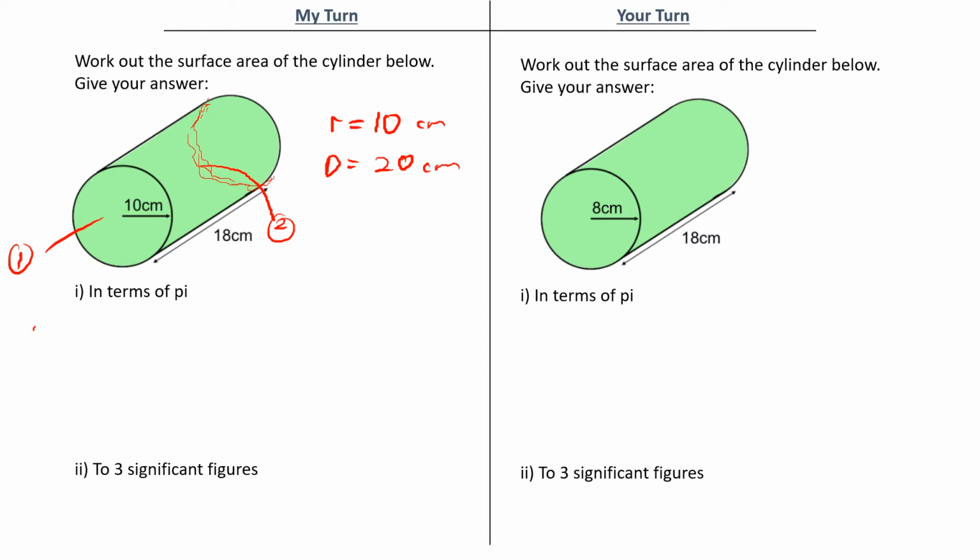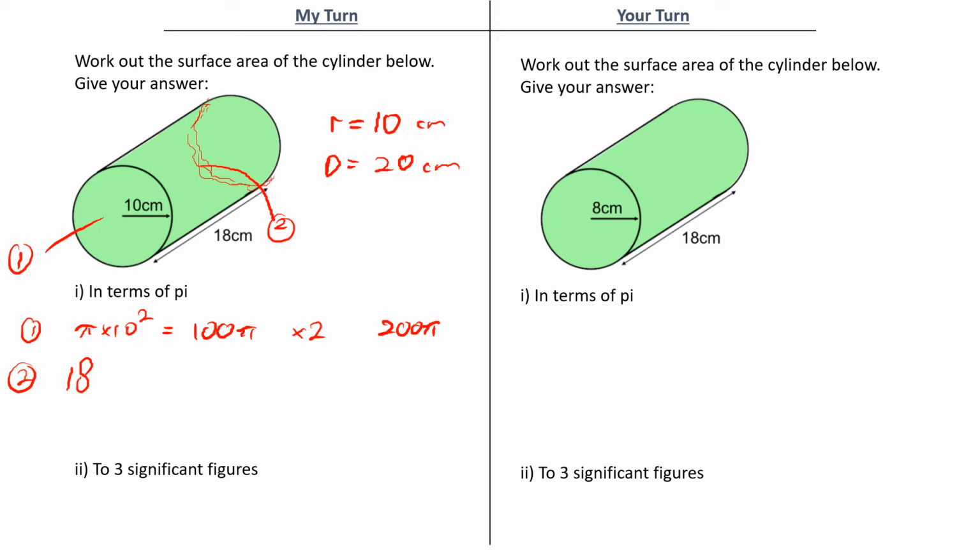So let's work out the area of the circles first. So it's pi times radius squared, so it's pi times 10 squared, which is equal to 100 pi. So for one of the circles, it's 100 pi. We're going to double it because we've got two identical, so we've got 200 pi. For the rectangle, we've got a height of 18.